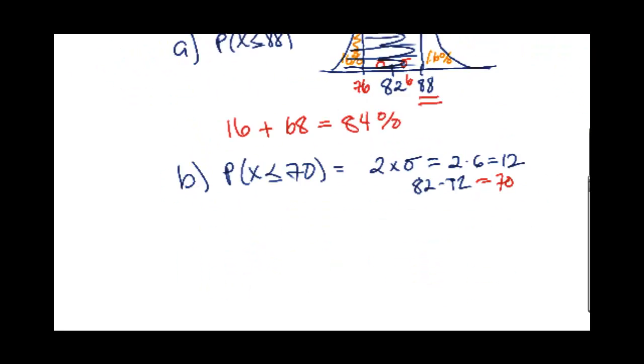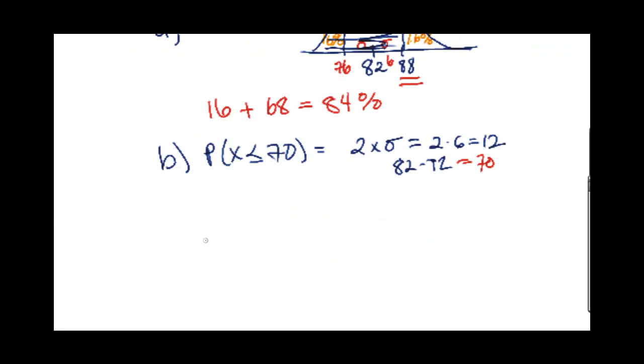If we were to draw our normal curve, there's the mean of 82. If I go 1, 2 standard deviations, that's where I'm at 70. And if I went up 2 standard deviations and added 12, we get 94.